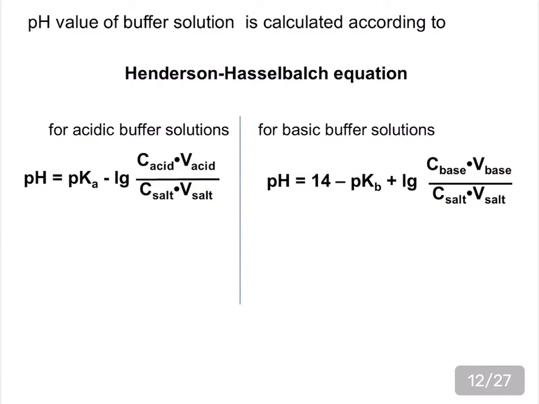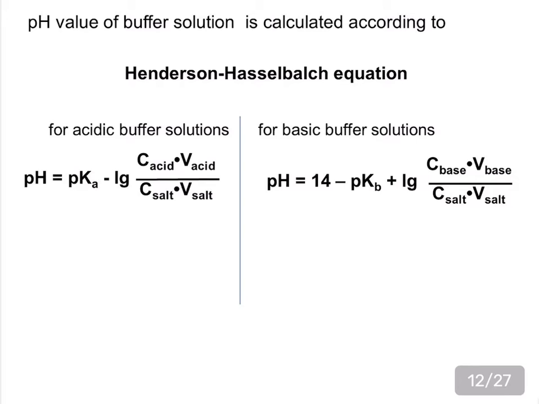It is calculated according to the Henderson-Hasselbalch equation. It will have different expressions for acidic and for basic buffer solutions, depending on the type of buffer solution that you prepare.